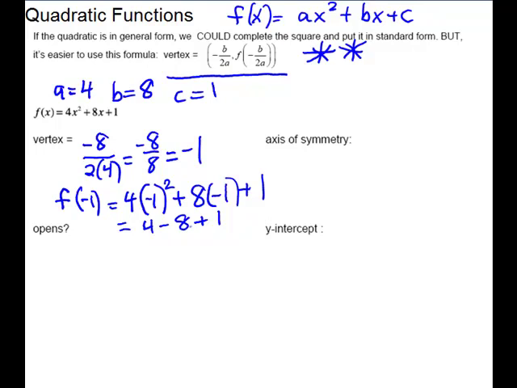This is -4 plus 1 will give us -3. So our vertex is going to be -1, -3. This one, it opens up because our a is positive.